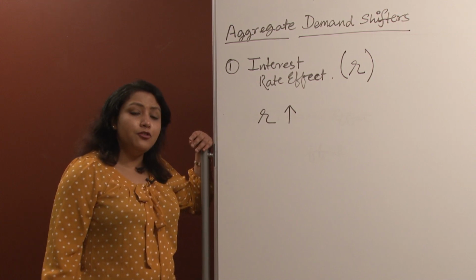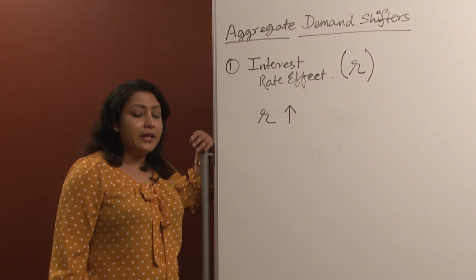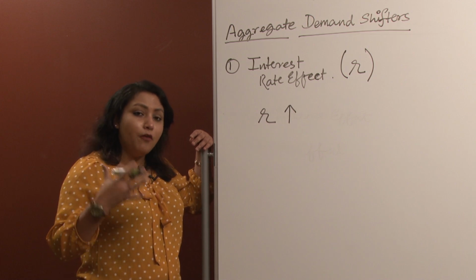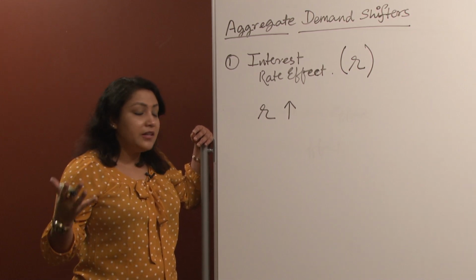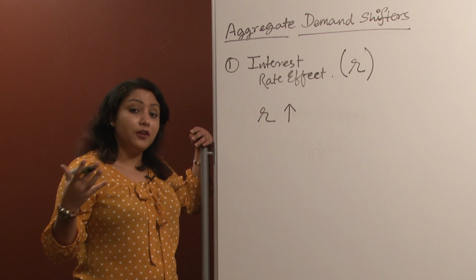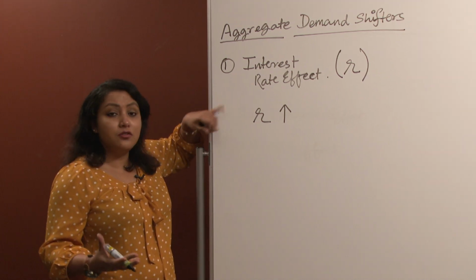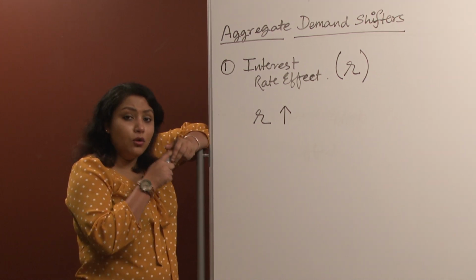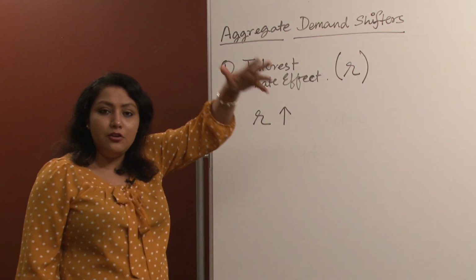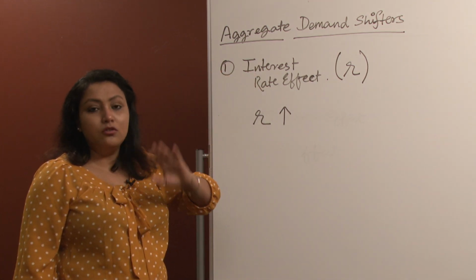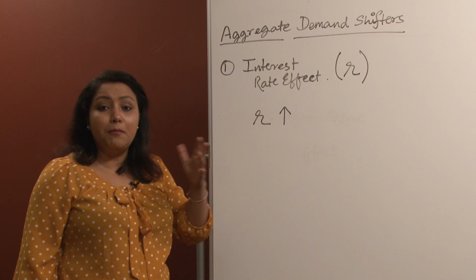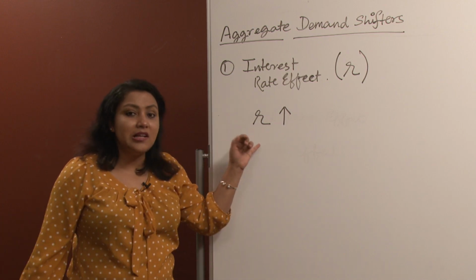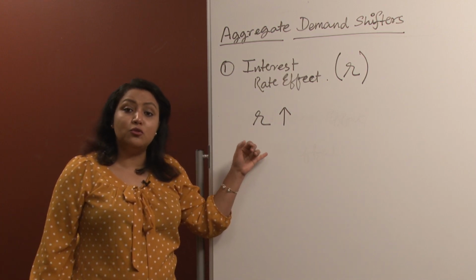If the rate of interest goes up, then from the perspective of the business firms, taking loans becomes difficult for them, right? Because the rate of interest has gone up. So if they take loans, they have to pay a higher rate of interest to the banks when they return the loans. So this works as a disincentive for business firms to take loans.